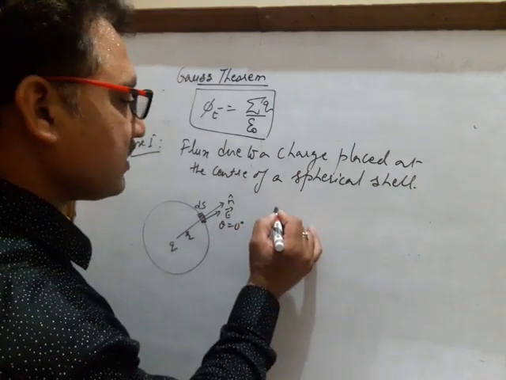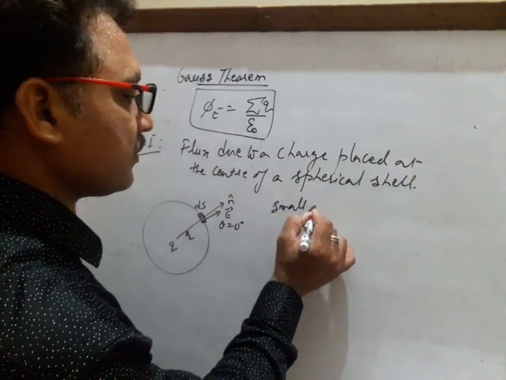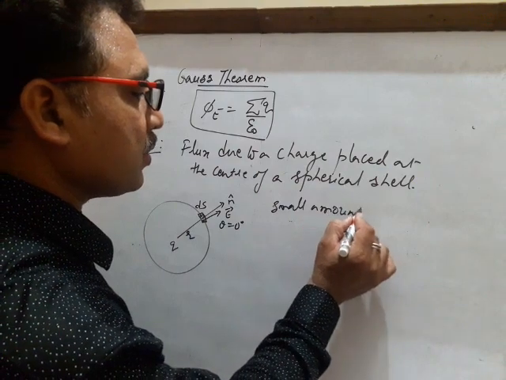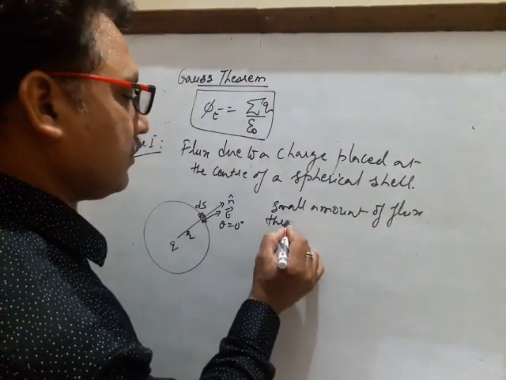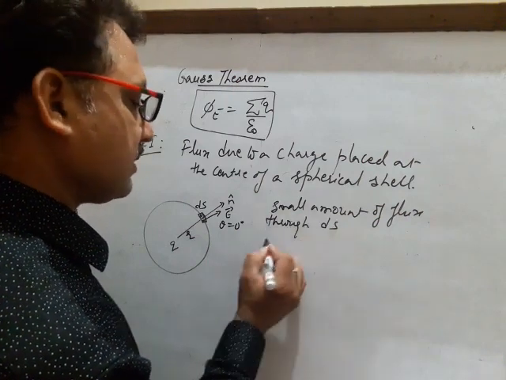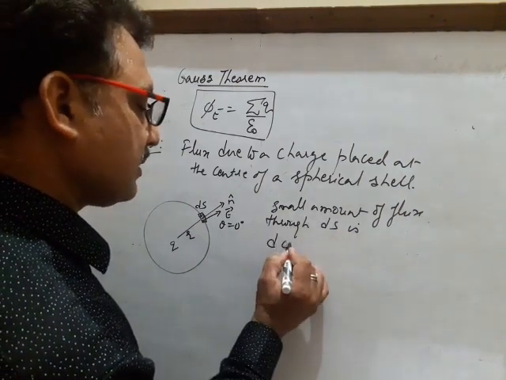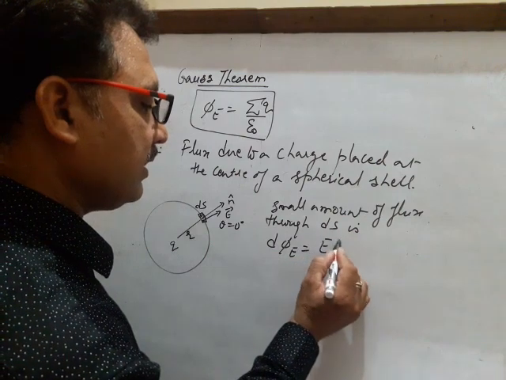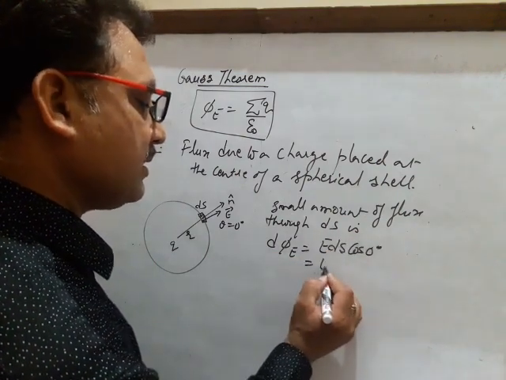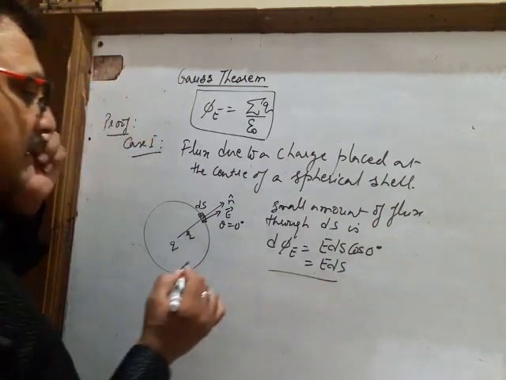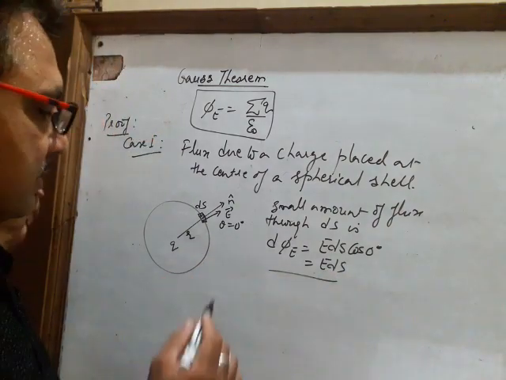Small amount of flux through ds is, this is d phi e equal to e ds cos 0 degree, means e ds. Okay, this is the small amount of flux.